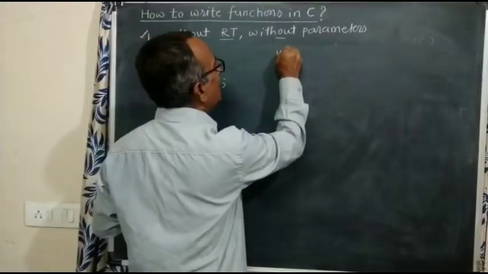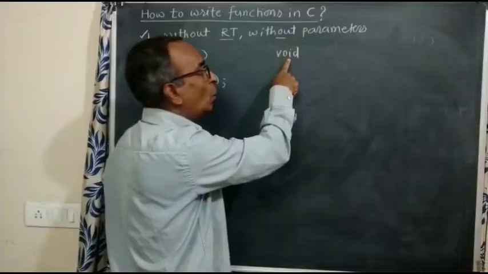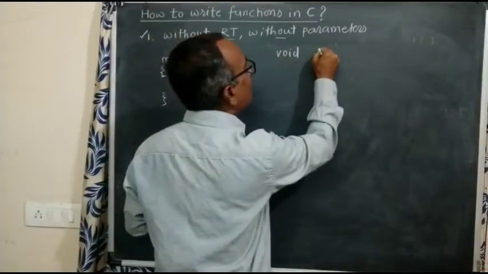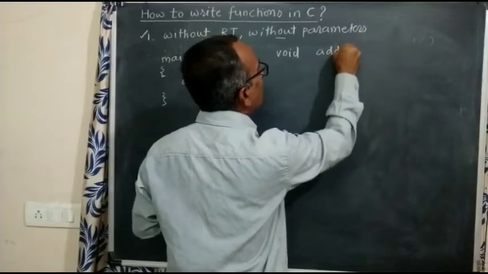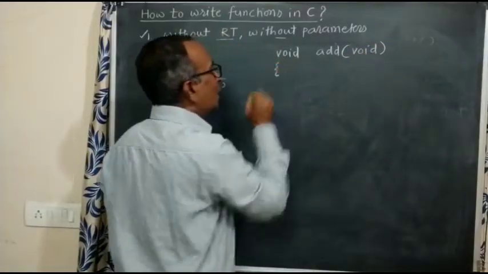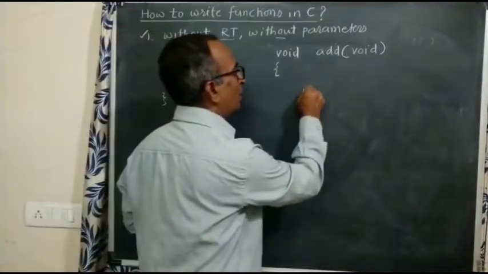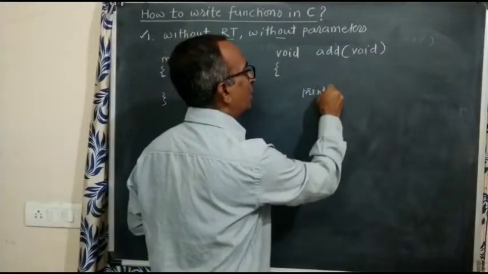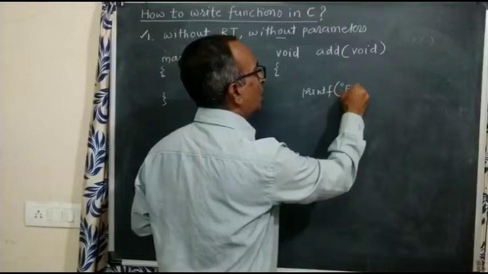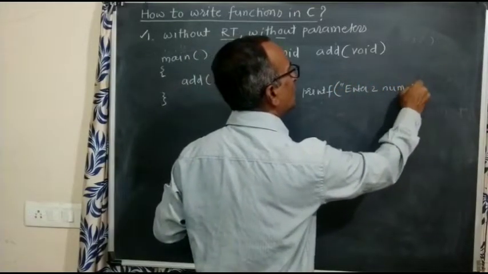So when I am writing this first type, without return type, we show that by void data type. Then the function name, and I am not sending anything to it. Now what should add do? Add should read two numbers. So printf "enter two numbers".